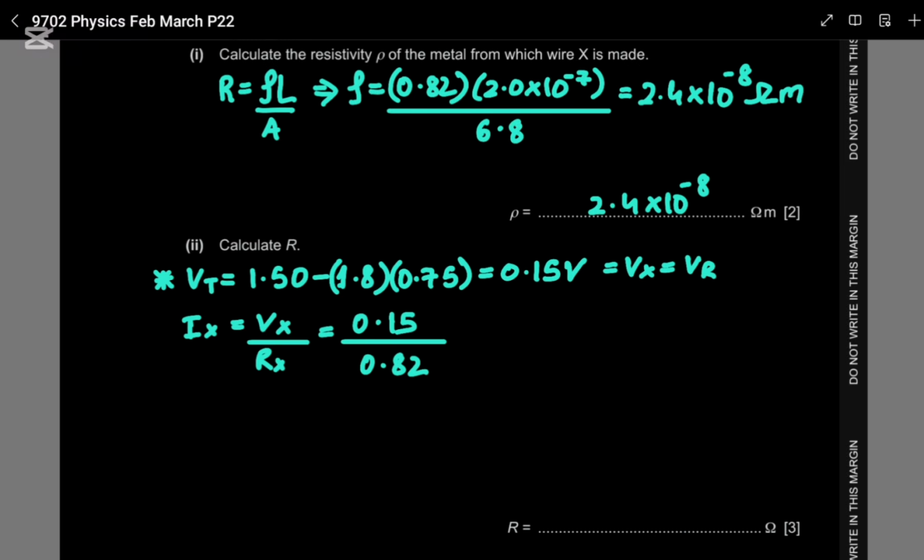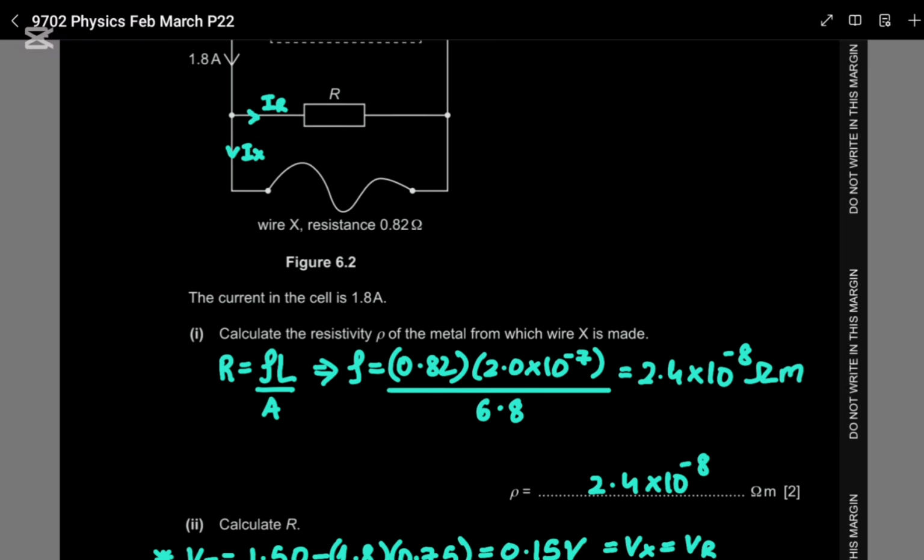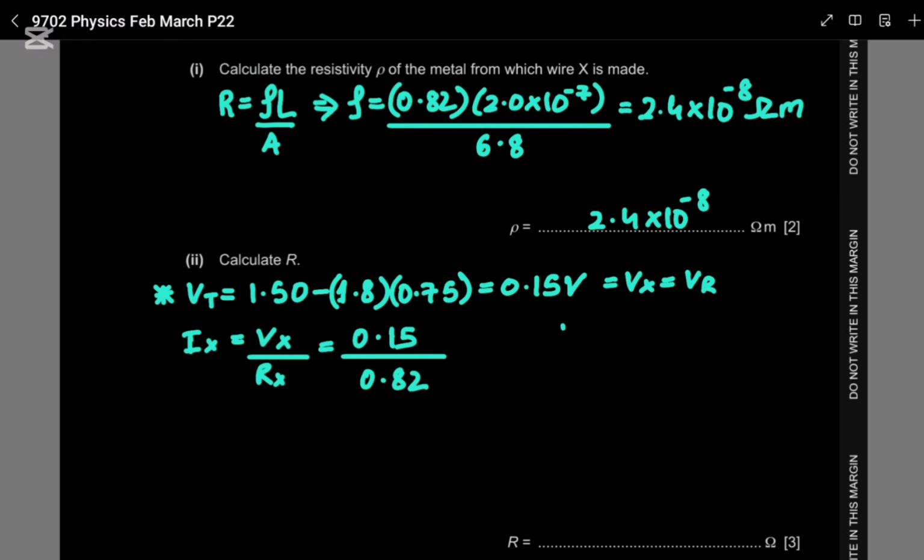So what is IR? By Kirchhoff's first law, 1.8 is going to be equal to Ix plus IR. And we found Ix. I just left it like that so our answer is more accurate. IR is going to be 1.8 minus Ix.